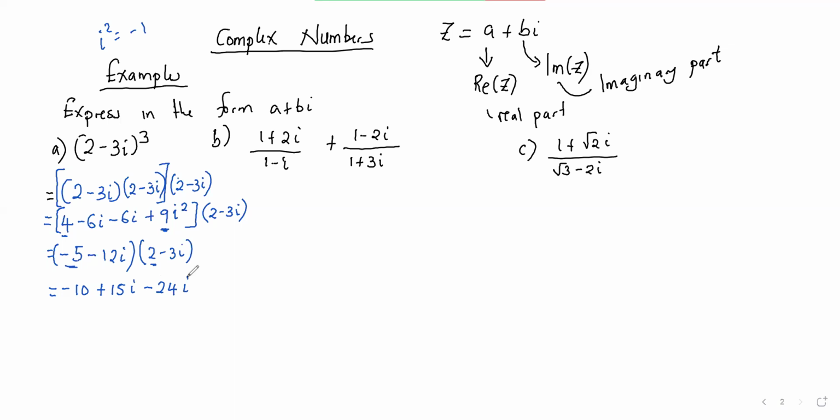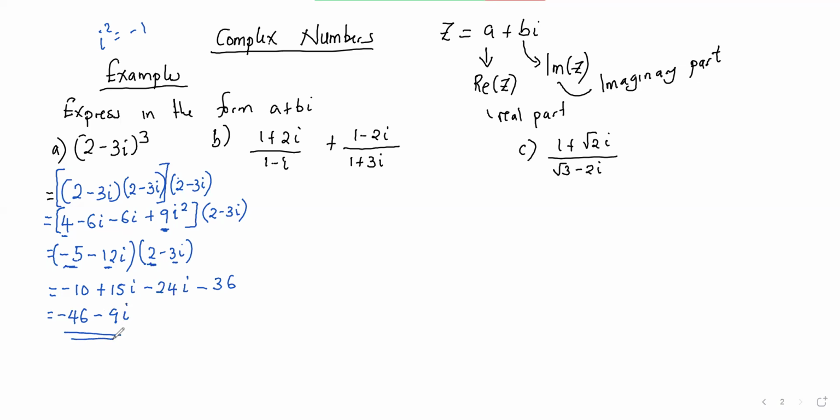Minus times minus is plus, i times i is minus, so you get 12 times 3, that's 36. So now we put -10 minus 36, that's minus 46. And then 15 minus 24, that's minus 9i.